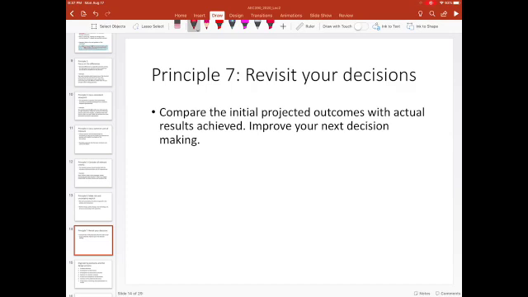Well, you made the decision based on that future projection. But whenever you hit that year, you are in that future year already. You want to compare what is the reality and what is your projection to know if you have the right method to project the future condition, and then you can improve your next decision making.